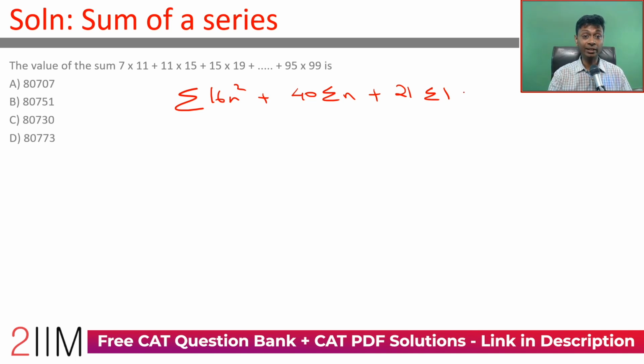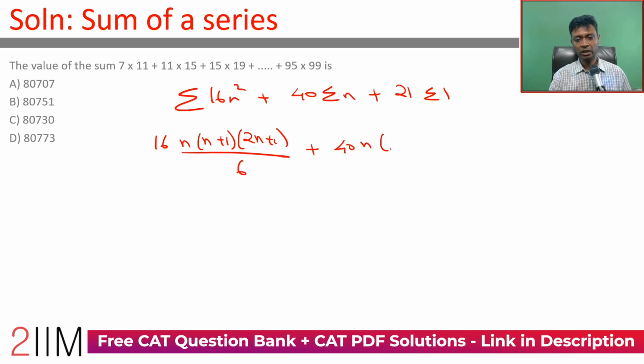Now we know the formula for this: 16 times n into n plus 1 into 2n plus 1 by 6, plus 40 times n into n plus 1 by 2, plus 21 times n is what we need to find when n is equal to 23.